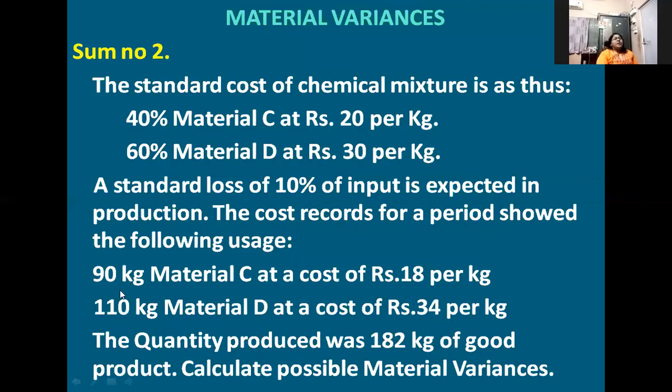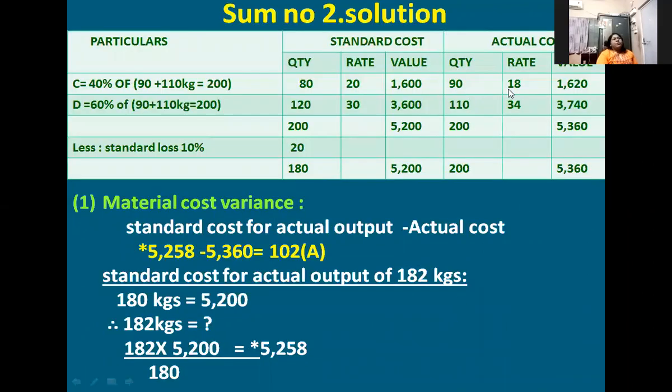And look at the next column, actual cost. This is very easy to follow. 90 kg at the rate 80, 110 kg at the rate 34. That's what I mentioned: 90 into 80, 1620, 110 into 34, 3740. So the summation: 90 plus 110, 200, 1620 plus 3740, 5360. Nothing is changing in the actual.